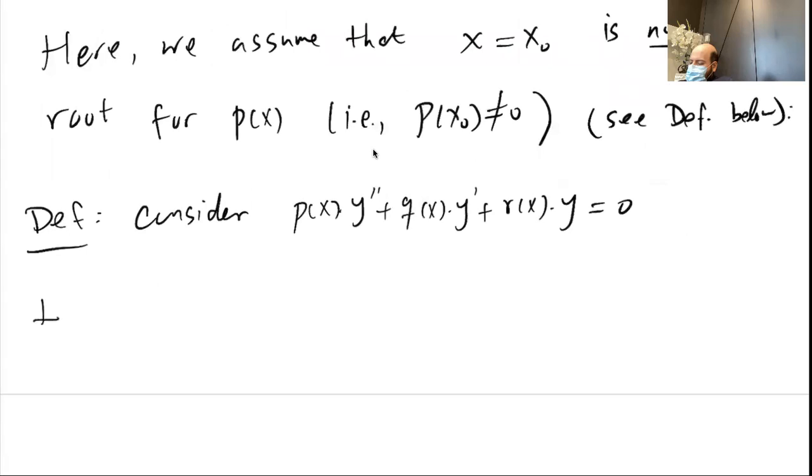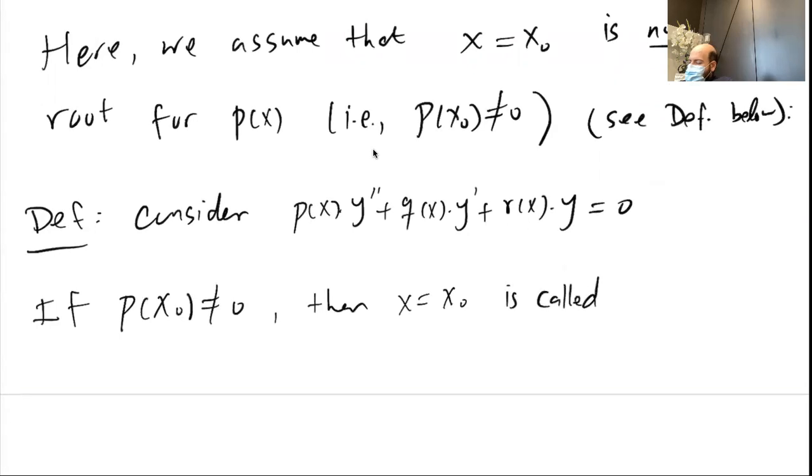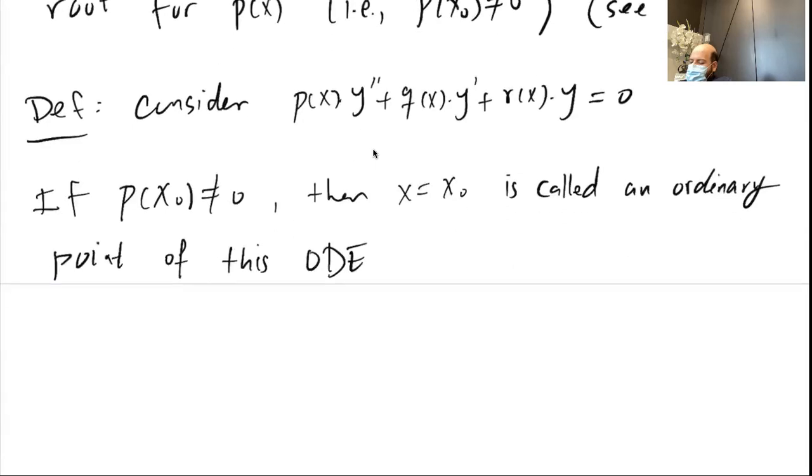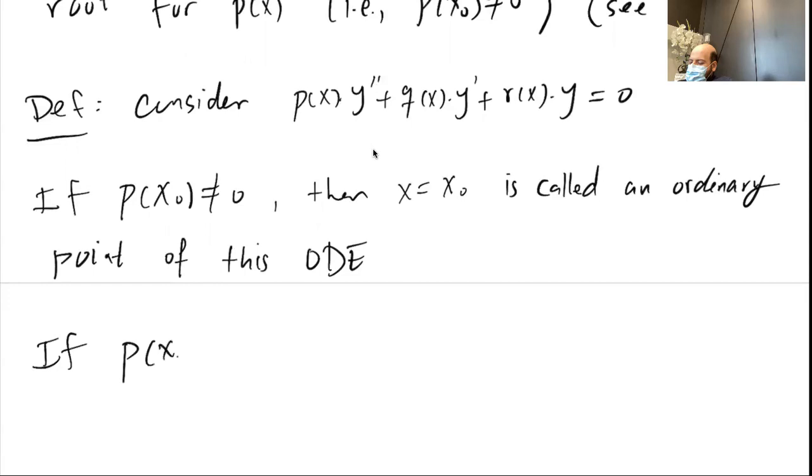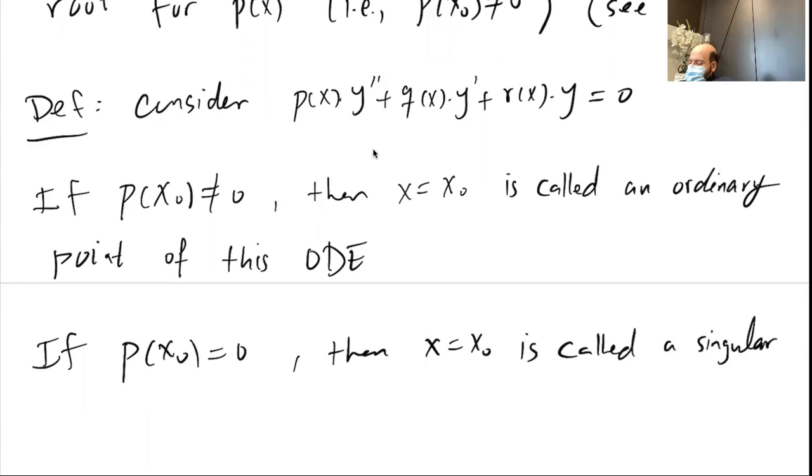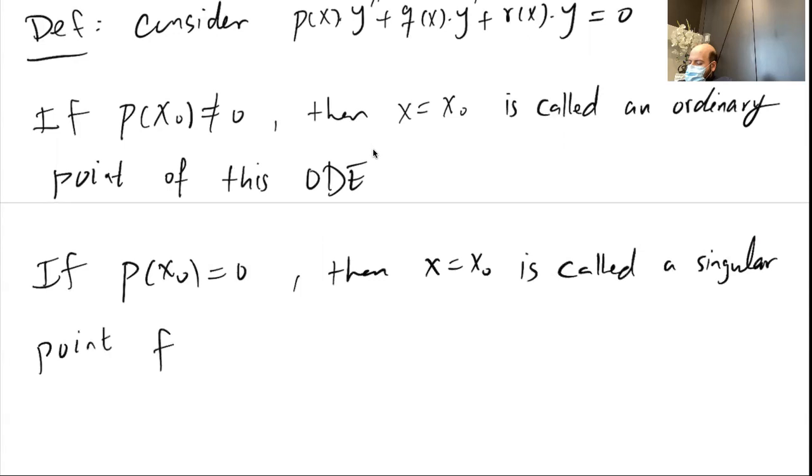If P of x naught is not equal to 0, then x equals x naught is called an ordinary point of this ODE, and if P of x naught equals 0, then x equals x naught is called a singular point for this ODE.